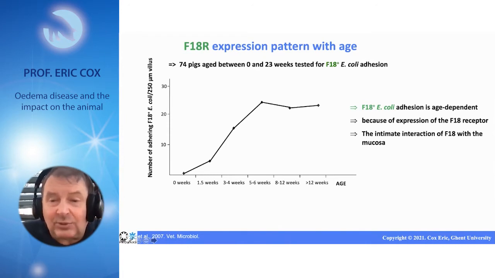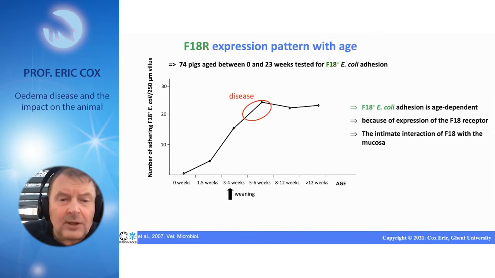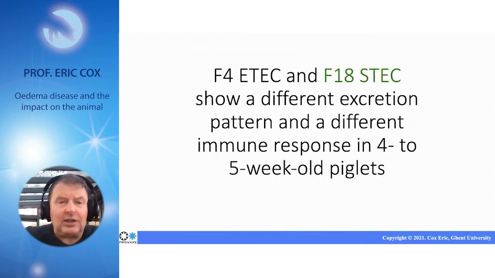And it has to do with the expression of the receptor, but also with the intimate interaction of F18 with the mucosa. So both play a role in the fact that these bacteria colonize a little bit later after weaning. So disease is occurring when the receptor is fully expressed. That indicates that an intense colonization is needed of the bacteria.